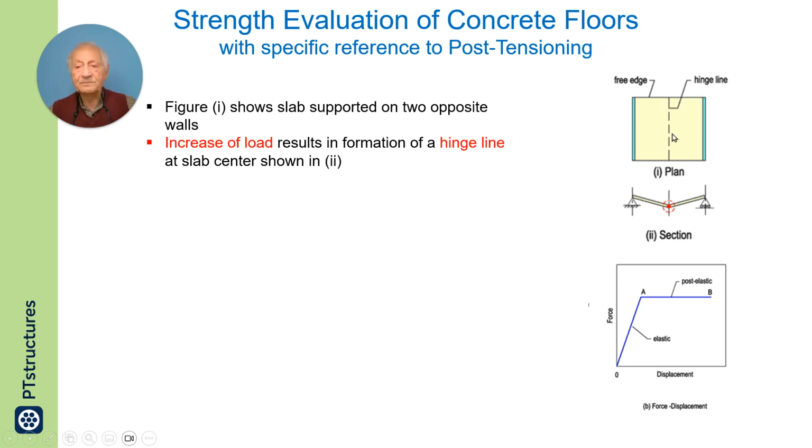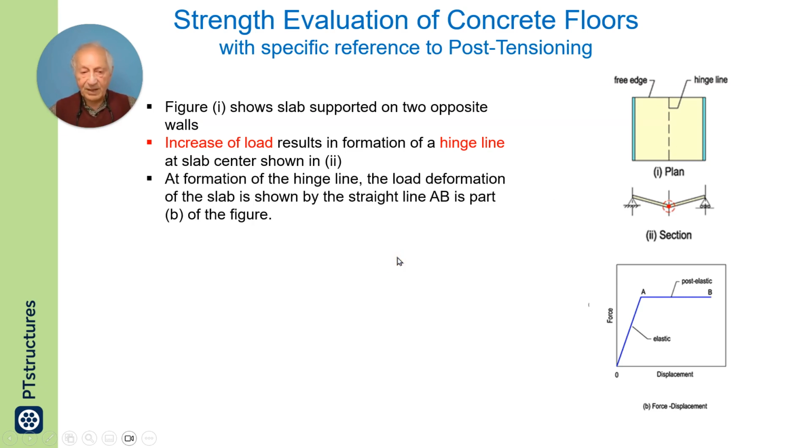This rotation with no increase in applied load will result in collapse of the member. So the member, in this case the slab, can resist the load until there is a hinge forming at midspan, which results in folding of the slab into two. So increase of load results in formation of a hinge as shown in the diagram.